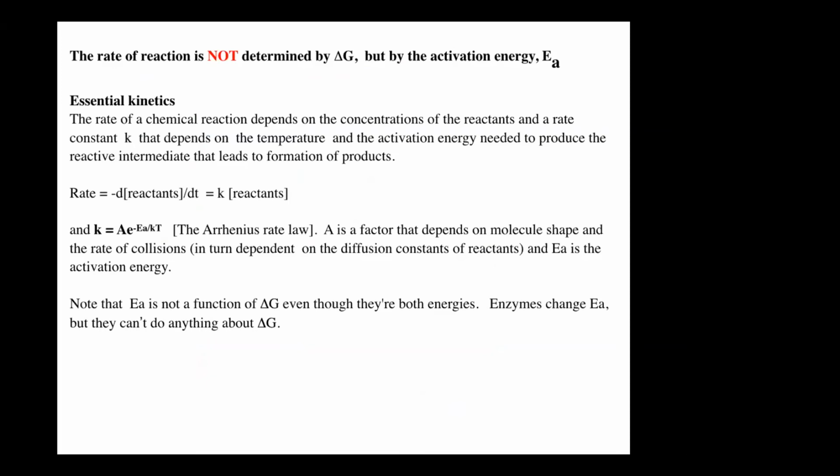All kinds of things that are way out of equilibrium are very, very stable because there's no reaction pathway that will get the products to go to the reactants. So those reaction pathways are what are embedded into this Arrhenius rate constant.